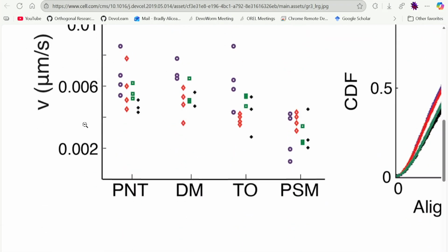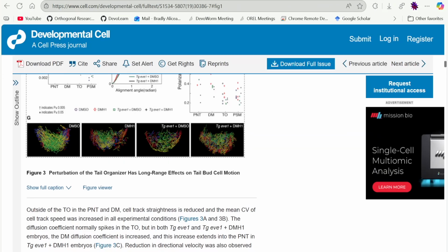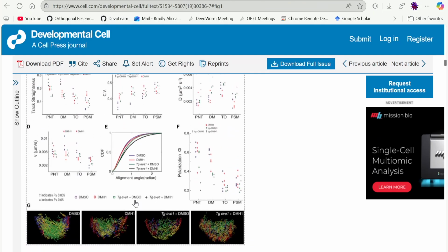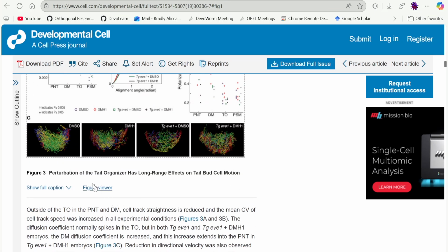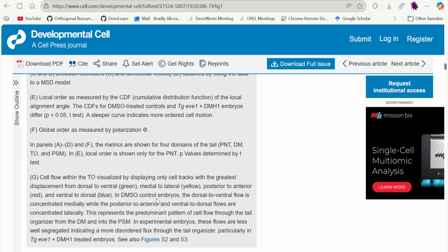So this is G. This just shows the different, I guess these are flow lines or something. Let's see what the legend says. Full caption. All right, we're looking for G. Cell flow within the tail organizer, visualized by displaying only cell tracks with the greatest displacement from dorsal to ventral green, medial to lateral yellow, posterior to anterior red, and ventral to dorsal blue.